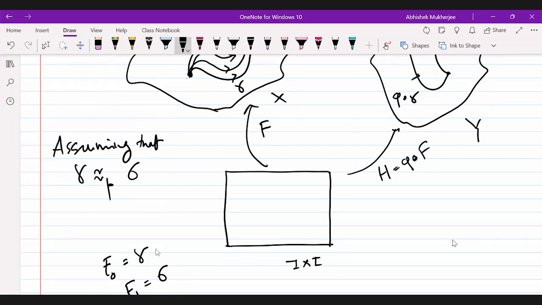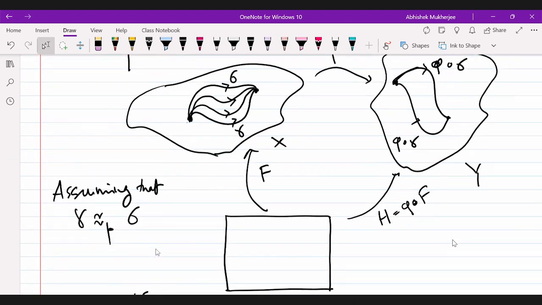So that this diagram commutes. So that means this is a path homotopy in between phi compose gamma and phi compose sigma. So that is what you need to prove.